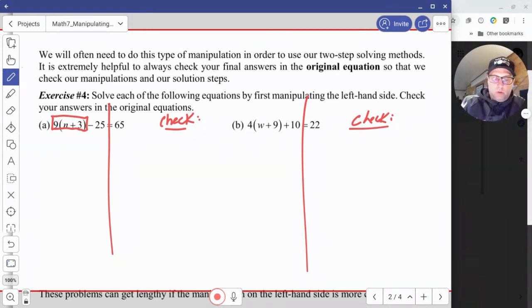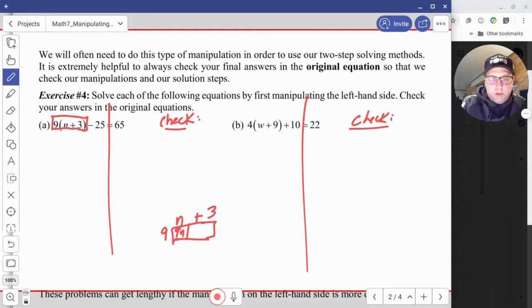All right. So I'm going to grab some space maybe down here. You'll see when I start writing. 9 times n plus 3. Okay. All right. 9 times n is 9n.